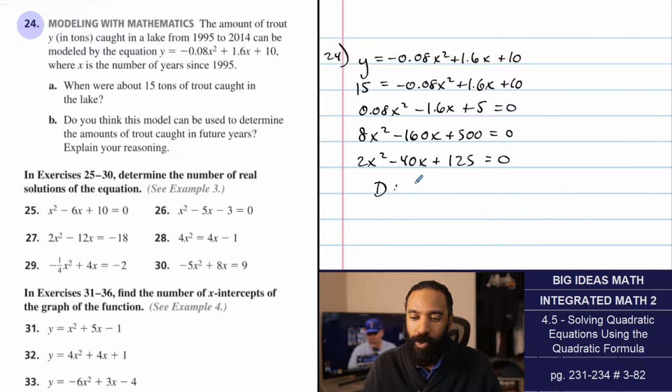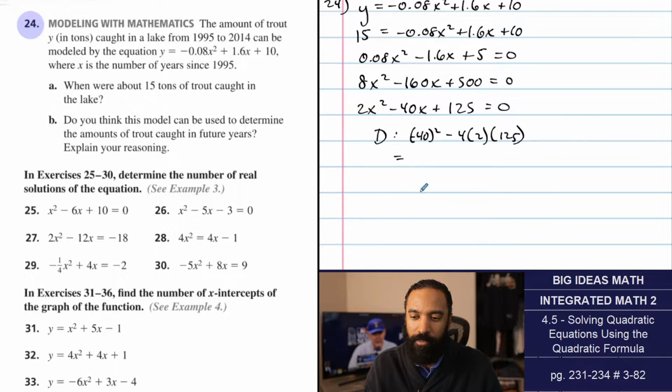So the discriminant is going to be b squared minus 4ac. Now I can do some of this in my head. This is 1600 minus 1000, which is 600.